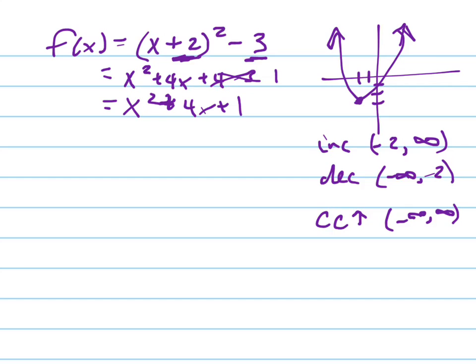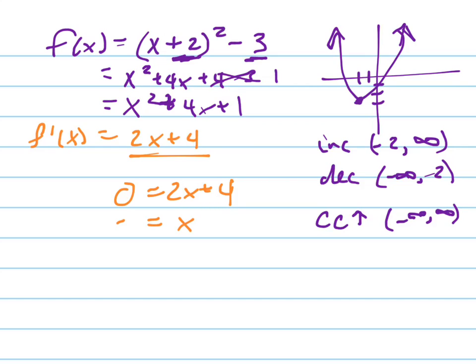With the derivative of this, I'll do this in orange, f prime of x is equal to 2x plus 4. And 2x plus 4, if I set that equal to 0, I get x equals -2. That point tells me the critical points that we then use.